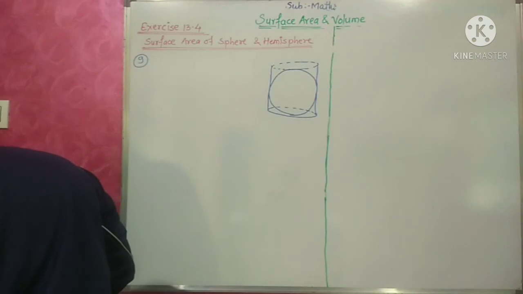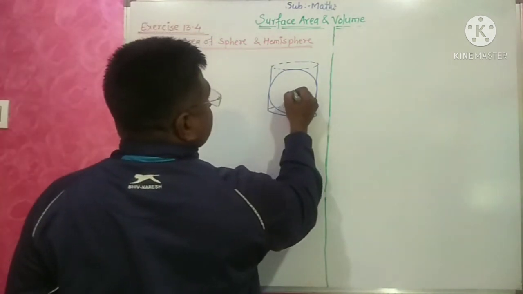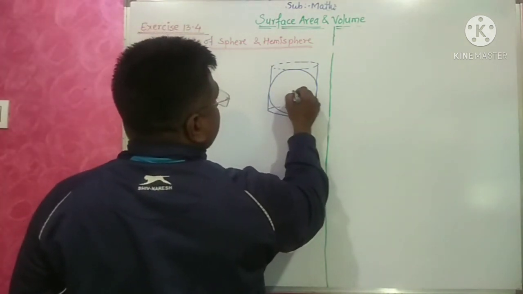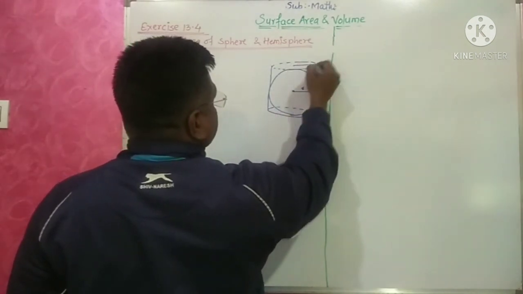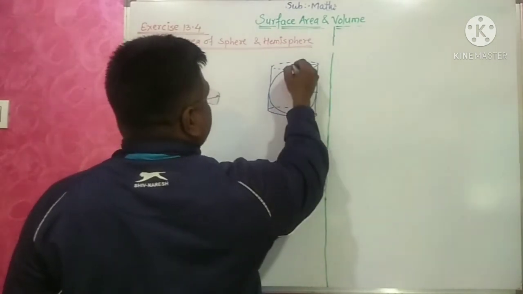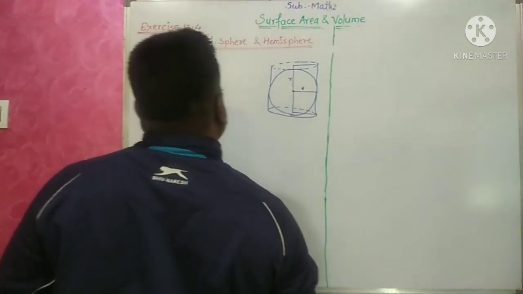So now what will we get? A right circular cylinder encloses a sphere of radius r. The radius of the sphere is given as r. So this is r.